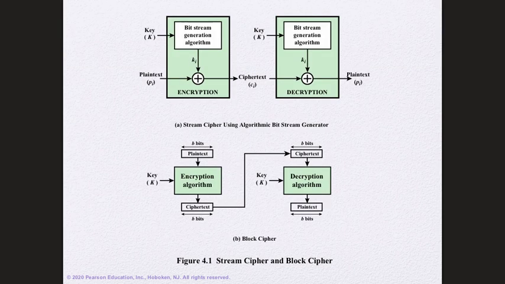Here is the implementation of block cipher down here and stream cipher up there. Notice that in the stream cipher, data keeps going. This is the transmitter side or encryption side, and this is the decryption side. As data is going, it's being ciphered by a particular key, and then you generate the ciphertext, which is continuously transmitted to the receiver.